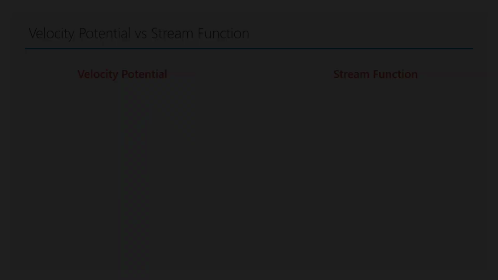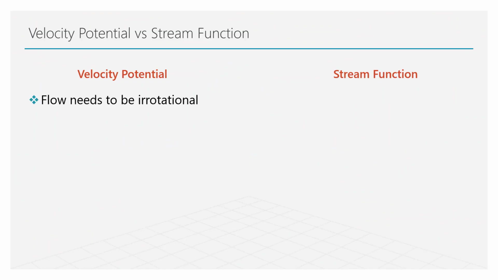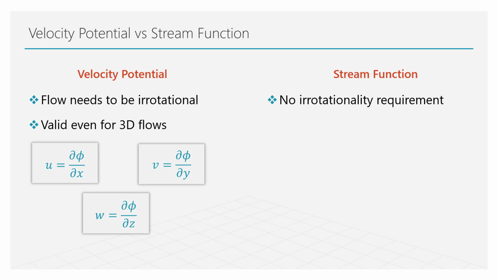At first sight, it is very hard to see the distinction between the velocity potential and the stream function, but let us try to list them out. Velocity potential requires the flow to be irrotational. Stream function, on the other hand, does not. The velocity potential is valid for three-dimensional flows.